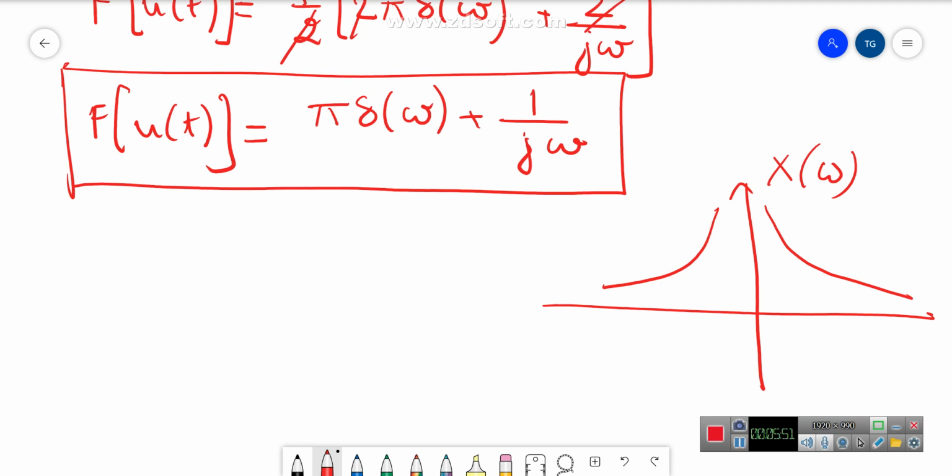So this is how we calculate the Fourier transform of the unit step signal. I hope you have understood. It is pretty simple. Because we are not able to find out directly the Fourier transform, we have represented the unit step function in terms of the signum function, and we have calculated the value.